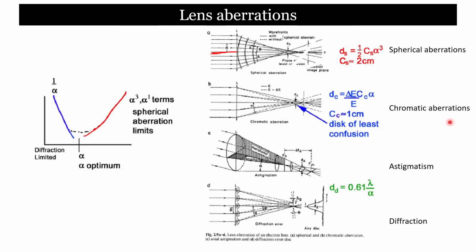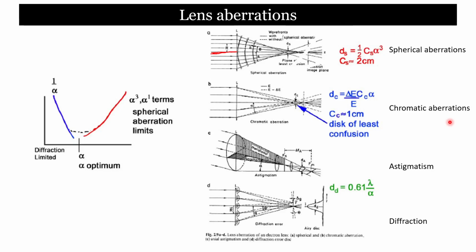Then we have the chromatic aberration, where different wavelengths of light are focused at different points. We also discussed this in optical microscopy, where in white light the blue rays are focused at a different point compared to the red rays.